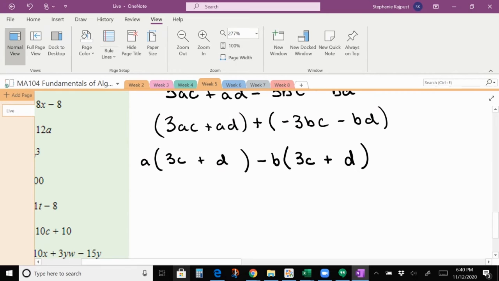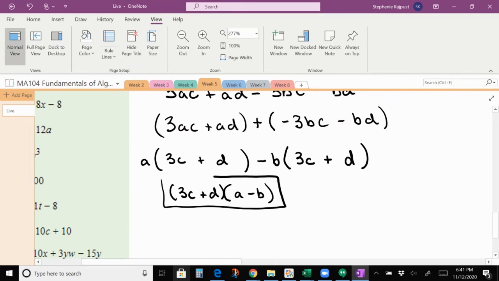Okay, I gotta highlight these. So now they are the same. And so the first parentheses is 3C plus D, and the second parentheses is A minus B. And make sure those are written as multiplication.